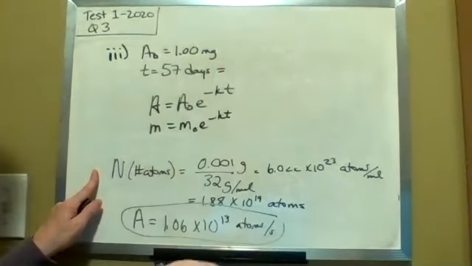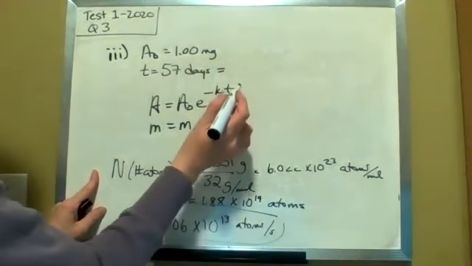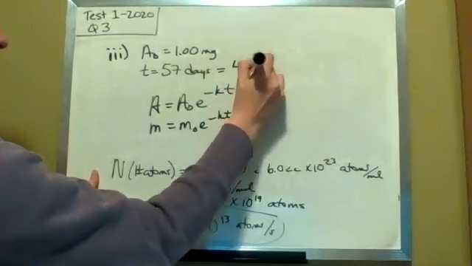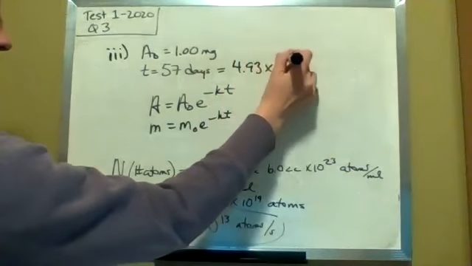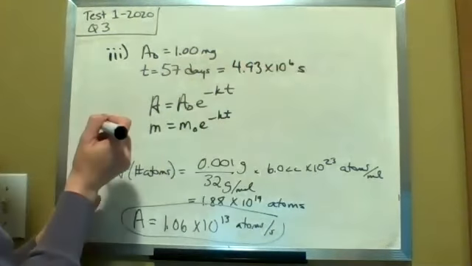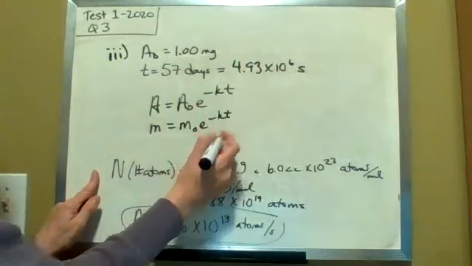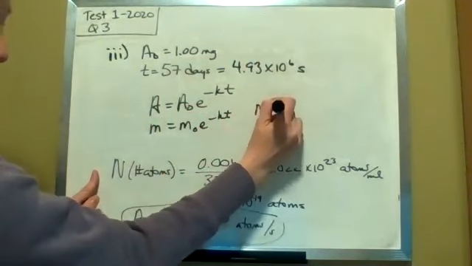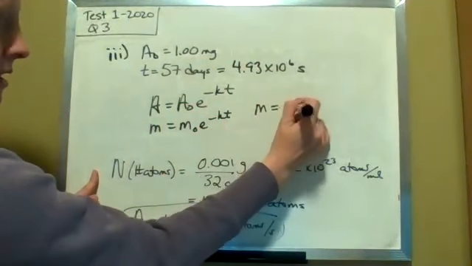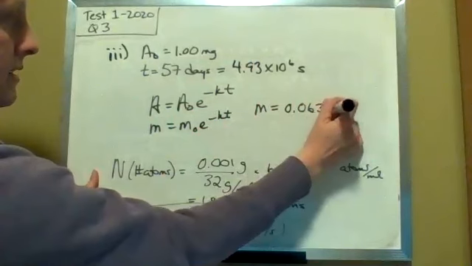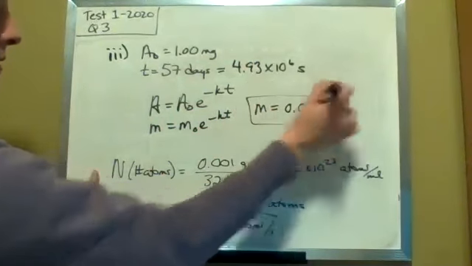So that value there is 4.93 times 10 to the 6 seconds. When you sub everything in, your final mass you have left should be 0.063 milligrams.